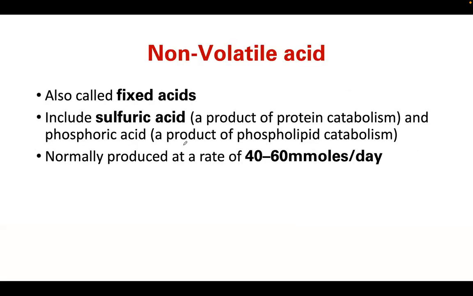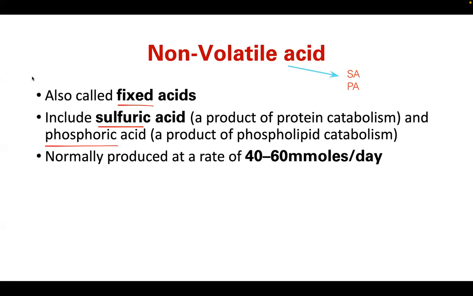Now, the second type of acid that is produced is what we call a non-volatile acid. In the textbook, a non-volatile acid is also known as a fixed acid. One of the most important acids under the non-volatile, there are two. One is sulfuric acid, second is phosphoric acid. So I want everyone to memorize the non-volatile acids as sulfuric acid and phosphoric acid.